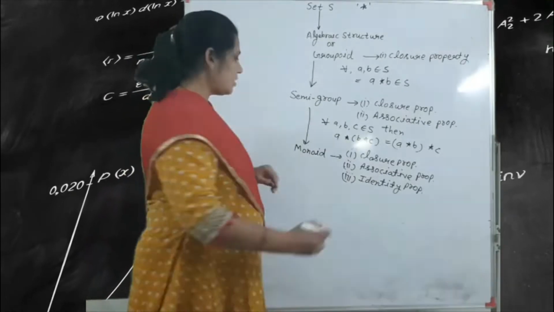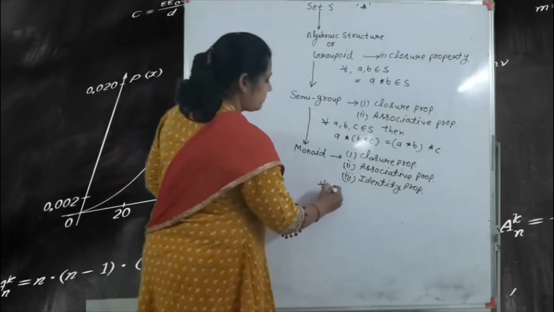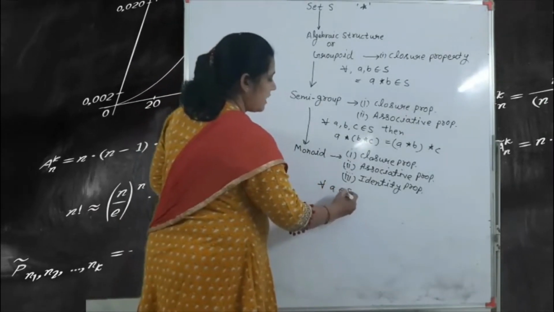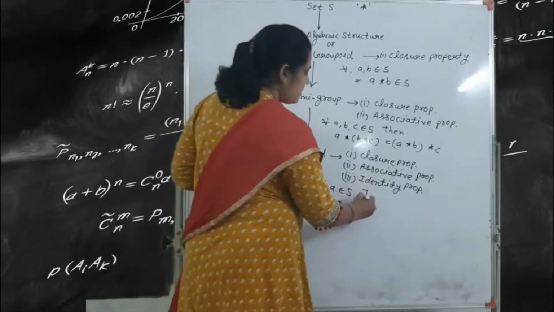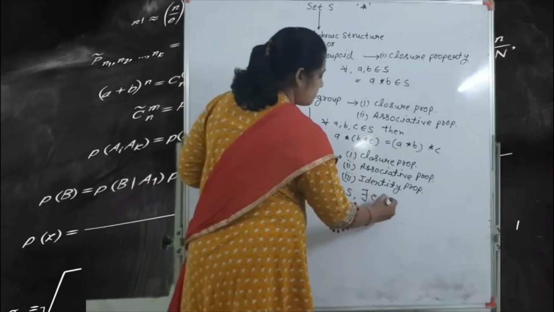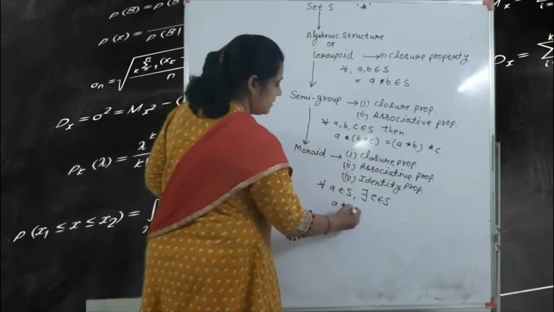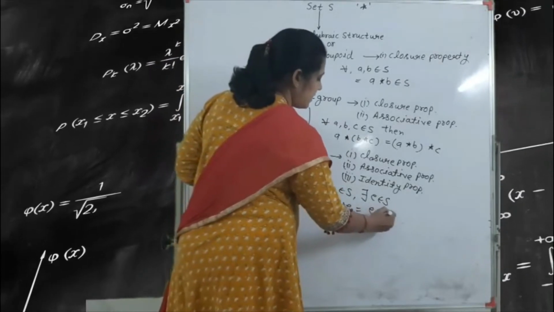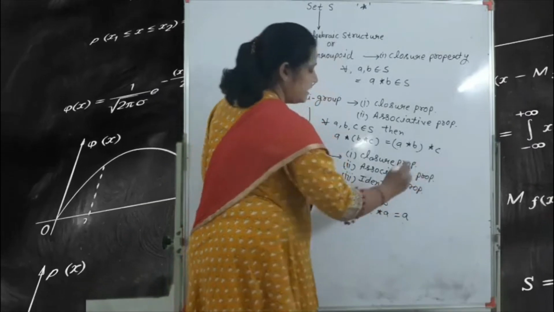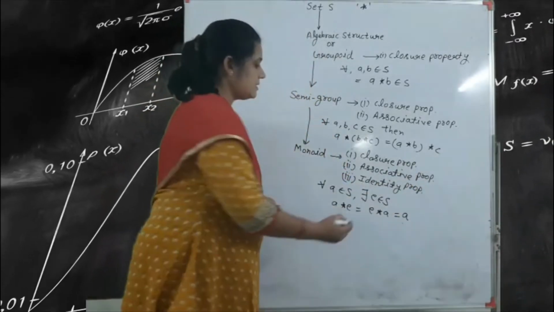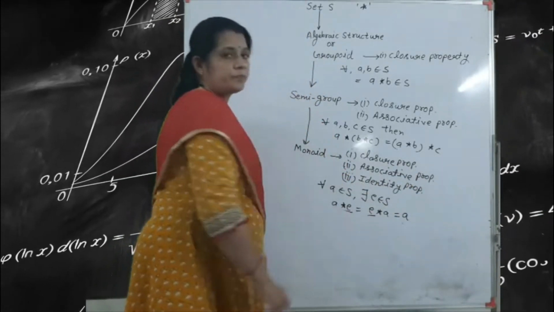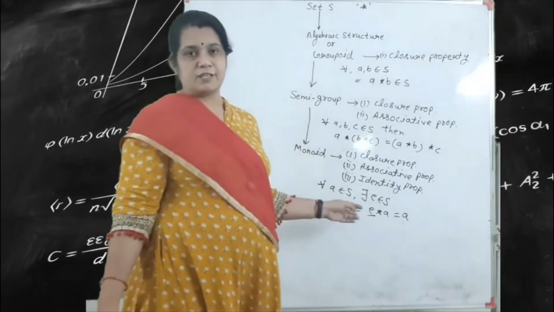That means for all A belongs to S, there exists E belongs to S such that A star E is equal to E star A is equal to A. Here E is the identity element. We have already seen this in the first lecture.